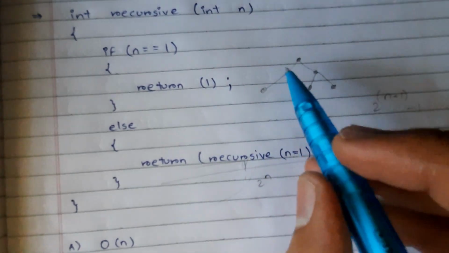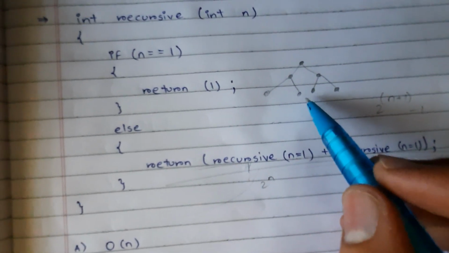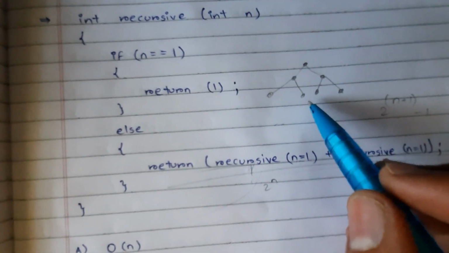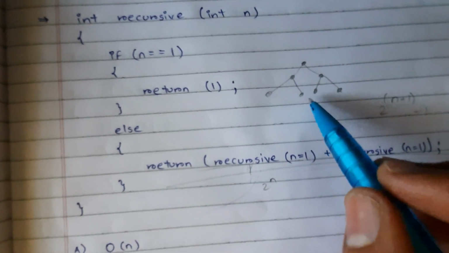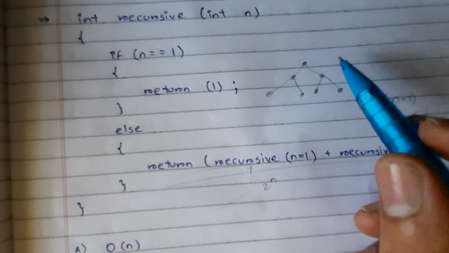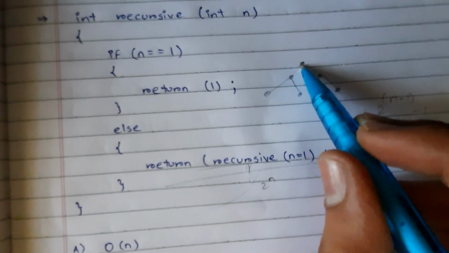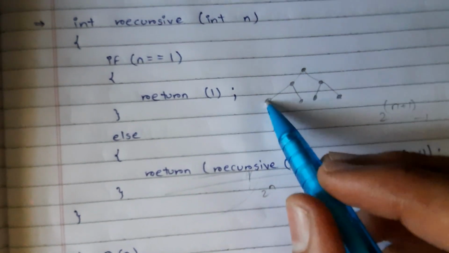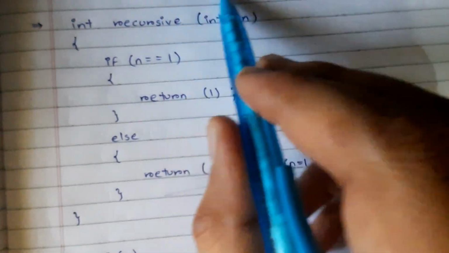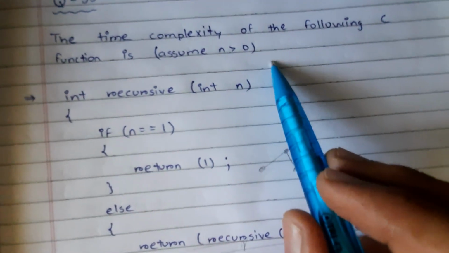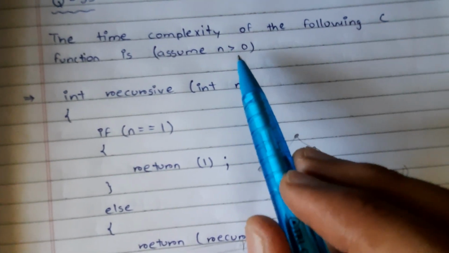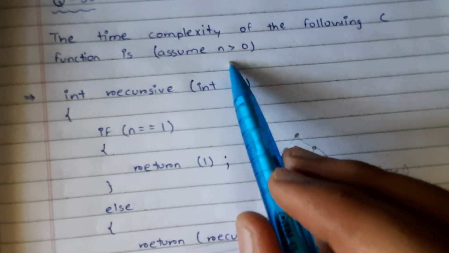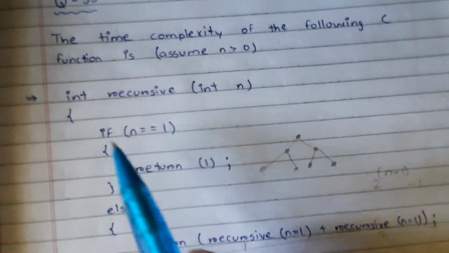So it will generate a binary tree, with the original function call at the root of the tree, which is this one. Now the depth of the tree is n. Why n? Because we have already assumed in the beginning that the function will be called recursively n times.